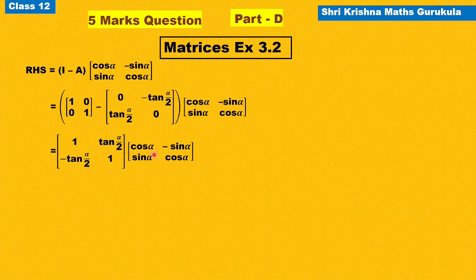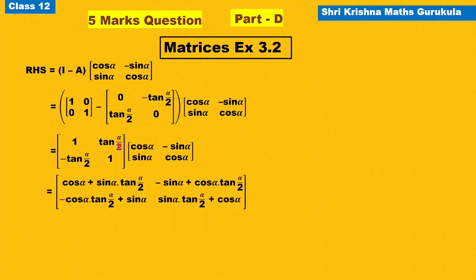Now we have to multiply this matrix with this matrix. For that, first we will consider the first row with the first column, then the first row with the second column. So the first row with the first column would be 1 into cos alpha plus tan alpha by 2 into sin alpha. Be careful about alpha and alpha by 2.